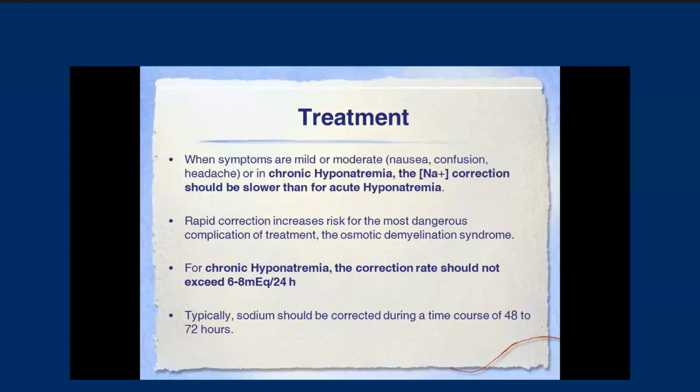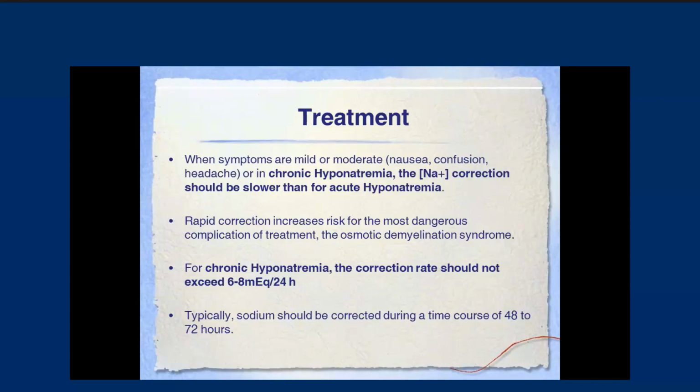When symptoms are mild or moderate, or in chronic hyponatremia, sodium should be corrected slowly. Rapid correction of sodium will lead to a complication of treatment, which we call osmotic demyelinating syndrome.